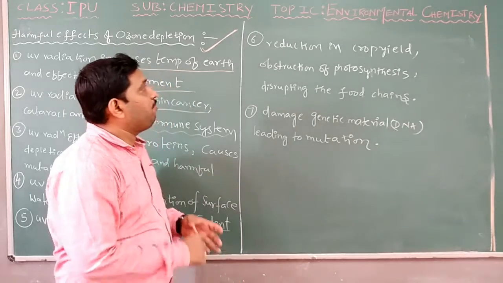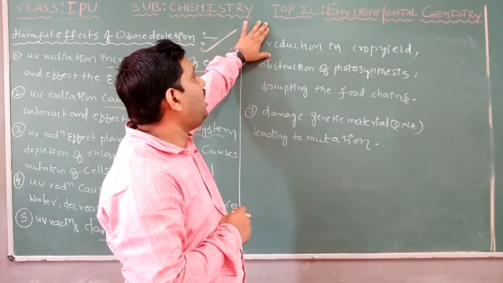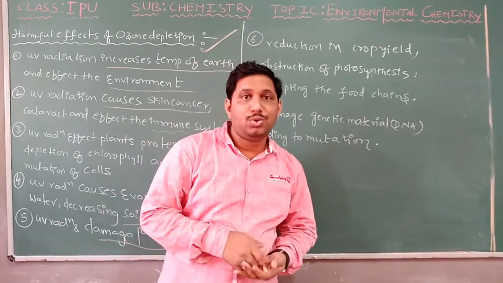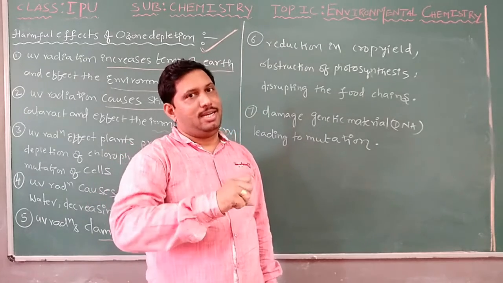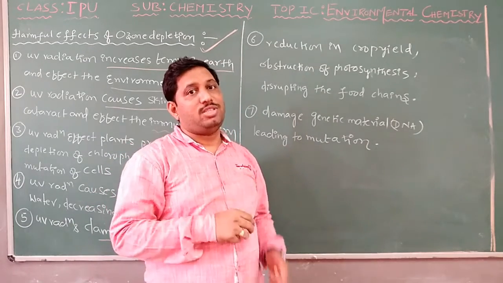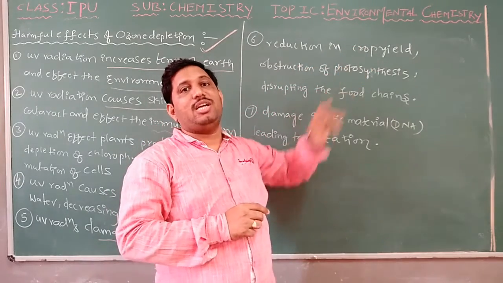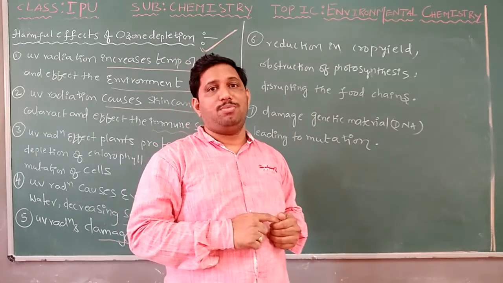Next one, student. The ultraviolet radiation causes reduction in crop yield, obstruction of photosynthesis, disrupting the food chain. Due to the fall of ultraviolet radiation on the soil, moisture content decreases. Due to this reason, the crop yield will be reduced. For example, mirchi crop.